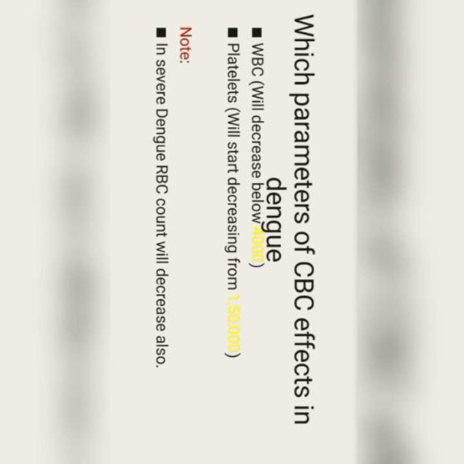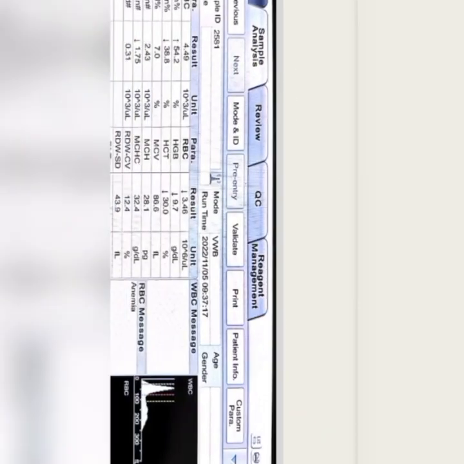Platelets will start decreasing from 150,000. Note, in severe dengue, RBC count will also decrease. That is the hematology analyzer picture of a normal CBC patient. That is the hematology analyzer picture of a dengue infected person.